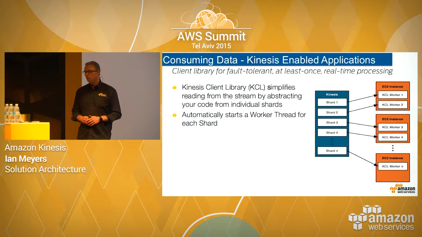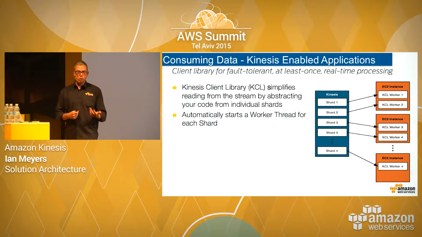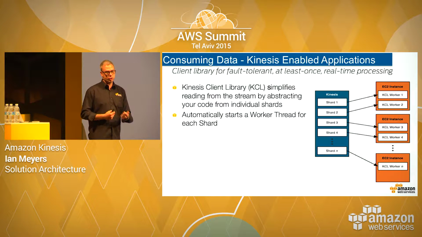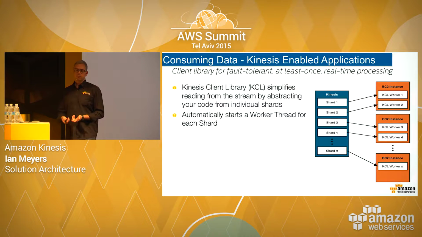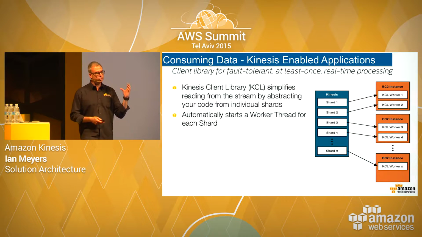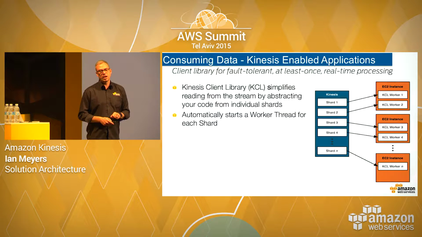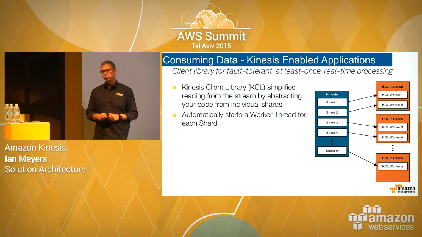Instead, with the KCL, a worker thread is created for each of the shards that you're consuming data from. And that thread conforms to an interface that gets pushed a block of data every time there's something to consume from the stream.